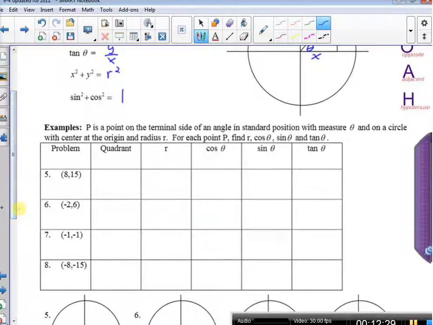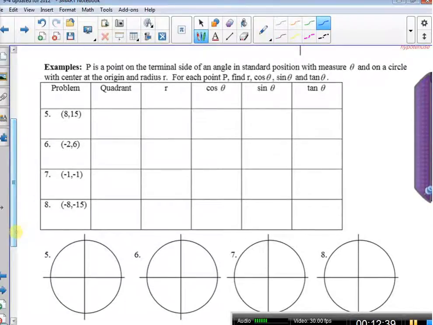So P is a point on the terminal side again, but now it's not a fraction. I'm not on the unit circle. So what quadrant am I in for (8, 15)? Quadrant 1. Then I'm in quadrant 2 for (-2, 6), and (-1, -1) is quadrant 3.